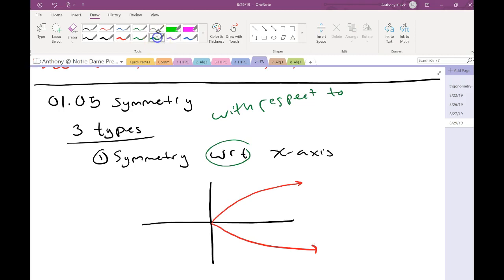When we say that, what we mean is if I take one half of the graph, like the part above the x-axis, and I reflect it across the x-axis, it should lie exactly on top of the other half. Everybody okay with that idea? Okay. Should be easy to see that visually, right?